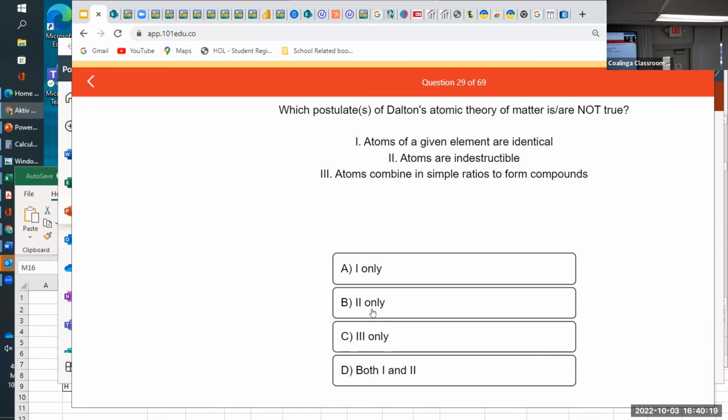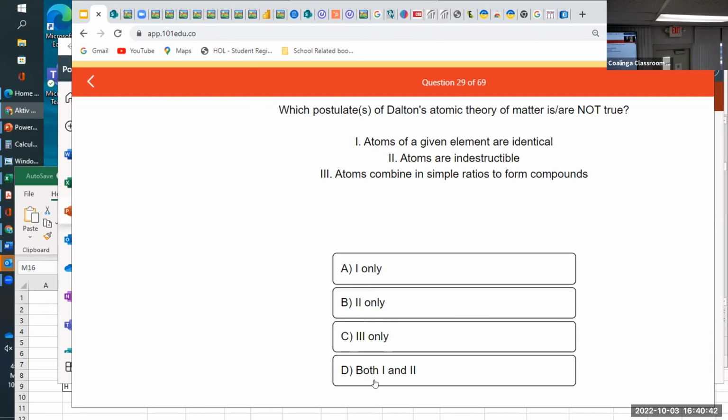Number 1, atoms of a given element are identical. Number 2, atoms are indestructible. Number 3, atoms combine in a simple ratio to form compounds. Is that D, you said D? What qualifies as destruction?